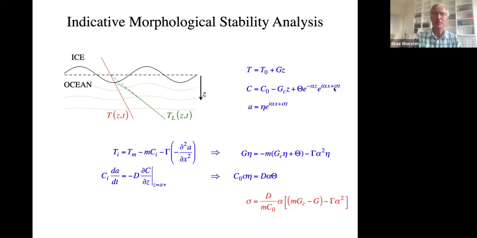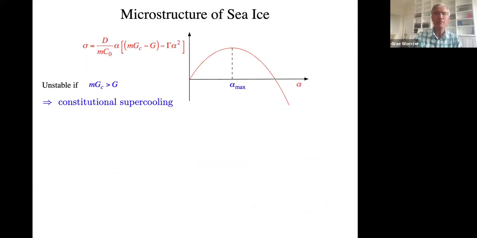I won't go through the rest of the slide, just to say that one can go through the mathematics and find this growth rate, sigma, as a function of the wave number alpha. The wave number is 2 pi divided by the wavelength. So alpha is inversely proportional to wavelength. And I've plotted that result schematically on this graph.